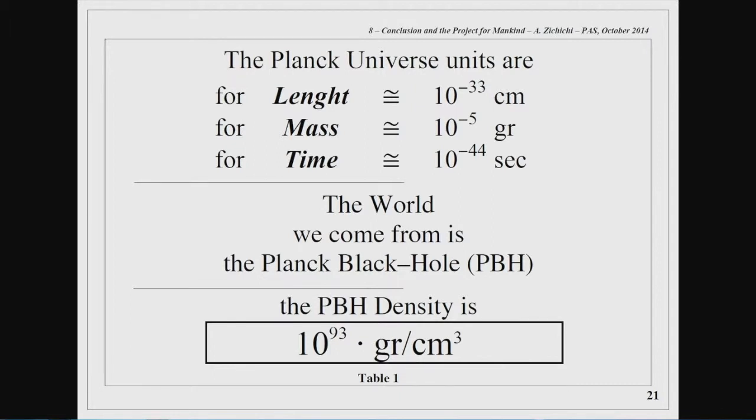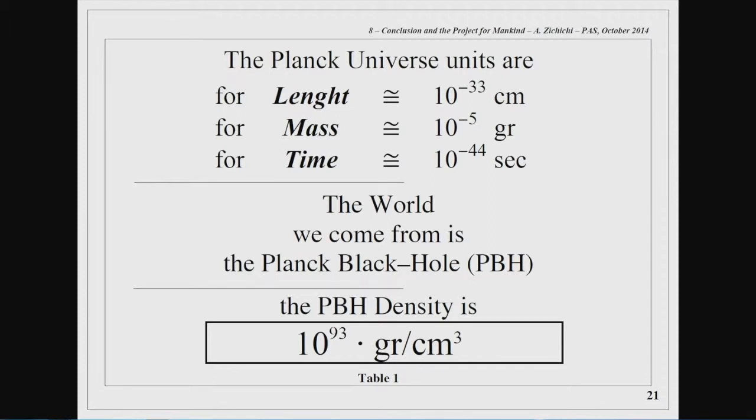So what should we take? The three fundamental constants, the three quantities which never change with time. We have heard here that we have proved that the constants are indeed constants. We have studied the constancy of the constant, and we confirm this, no question about it. Now, if you take as fundamental quantities the fundamental constants, then the conclusion is that the fundamental length is 10 to the minus 33 centimeters.